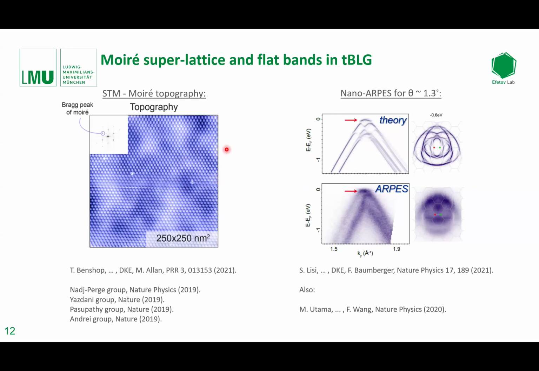And of course, on these open surface devices that were assembled for STM, one can also try to do some ARPES. This is some ARPES that we've done with the group of Felix Baumberger, where ARPES for close to magic angle devices can also reveal the existence of these flat bands.